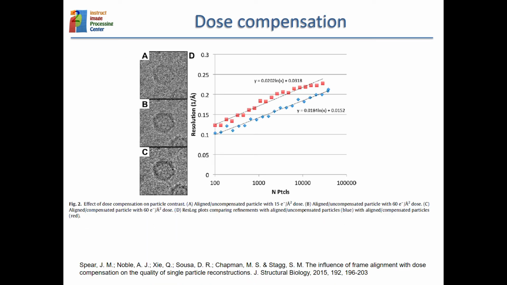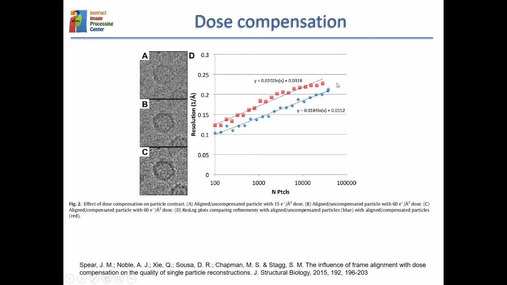And here is another example of how this dose compensation can help. And there is a relationship also between number of particles and resolution. So the more particles you add, the better the resolution will be. That is explained in this slope, and the change between these two curves is because of the dose compensation.